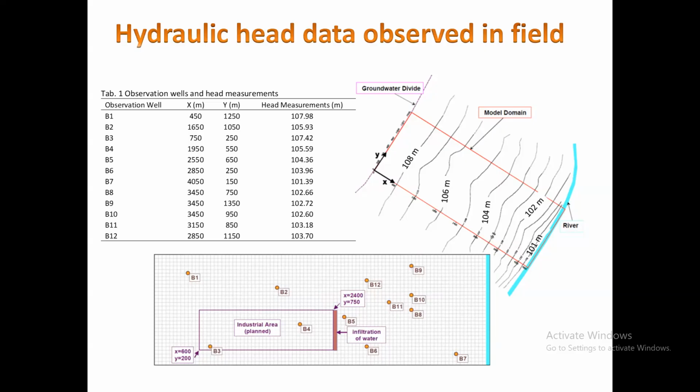Now, if what my model is simulating is similar to what I'm observing in the field, this means that I have a representation of the subsurface on my computer, and I can use this for my model application, which we will do not next class, the class after.